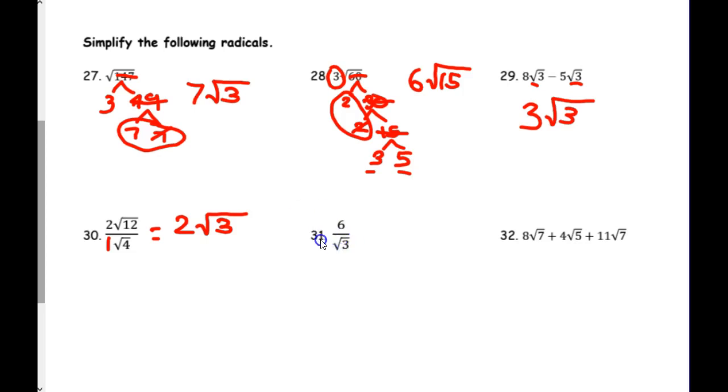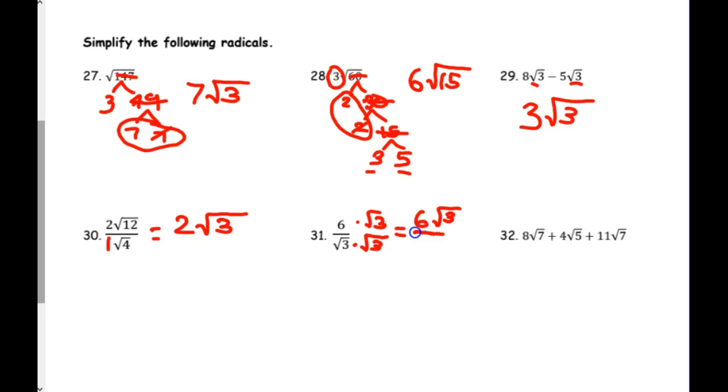All right, 31. Remember, Miss Morero said a square root on the bottom is like cussing, and we don't want to do that. So we want to make sure we rationalize the denominator. So we are going to multiply by the same square root on the bottom and the top. Okay, so on top, 6 times the square root of 3, 6 square root of 3.